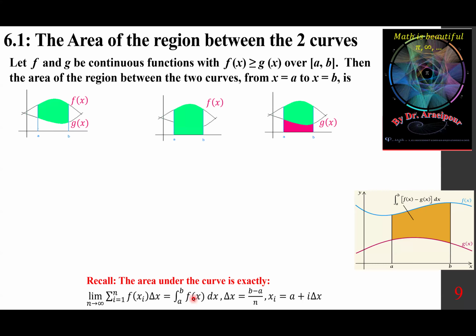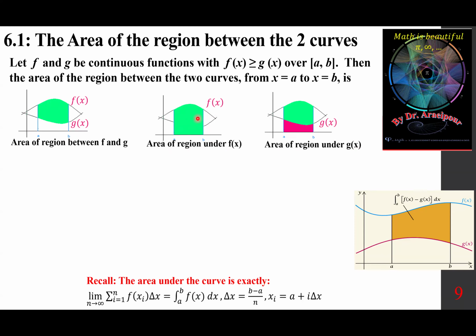So in this case, this is the area of the region between f and g. F is at the top of g from a to b. This green one is the area of the region under the first function f of x. This red one is the area of the region under g of x.